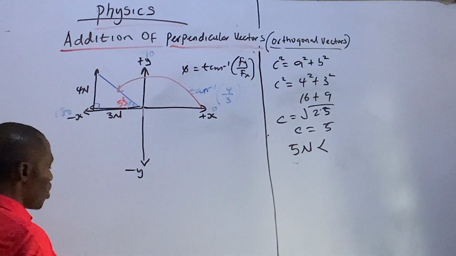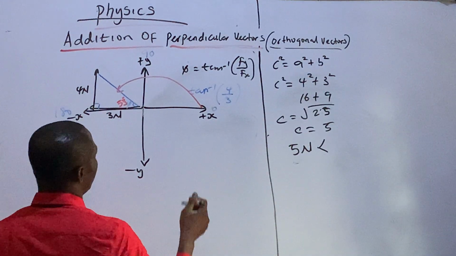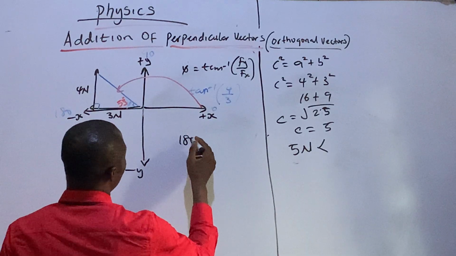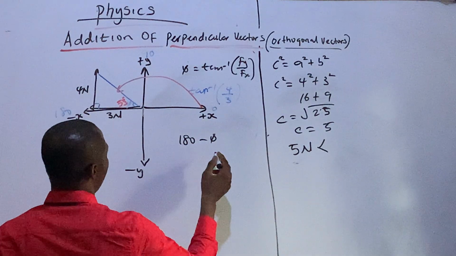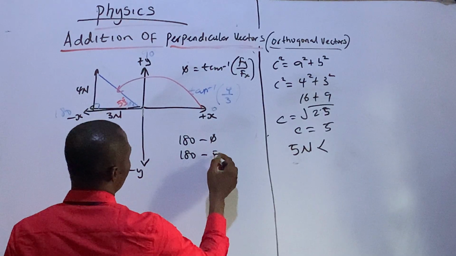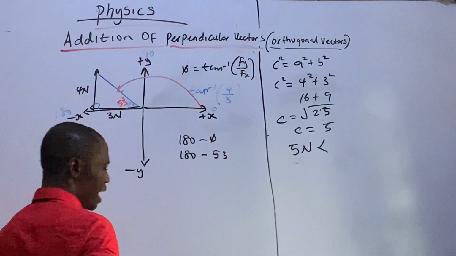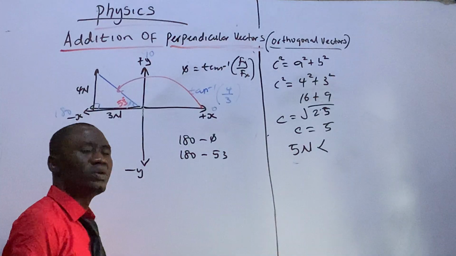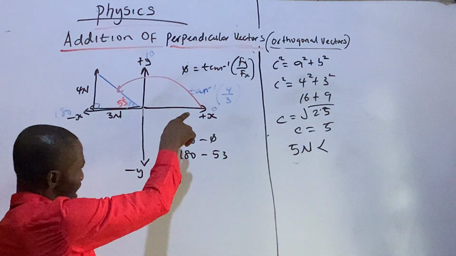And if it's in the second quadrant, what I'm going to do is 180 minus theta. That will be 180 minus that angle there, and that angle is 53, so as to get my reference angle relative to the positive x-axis.